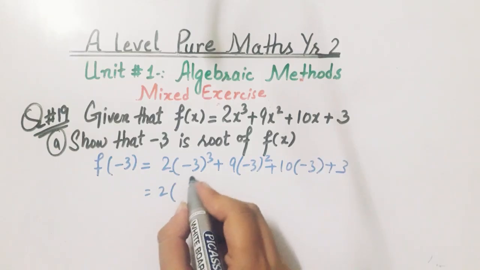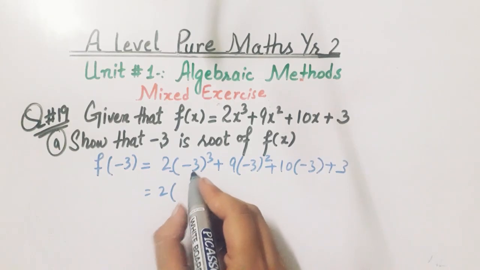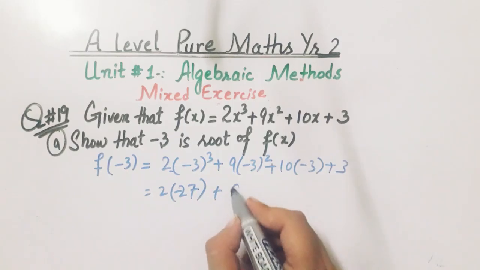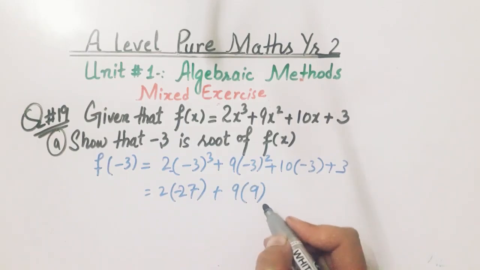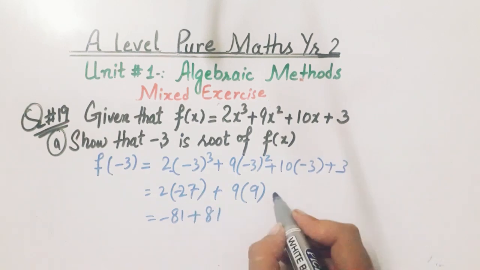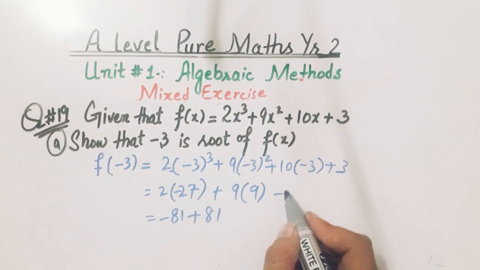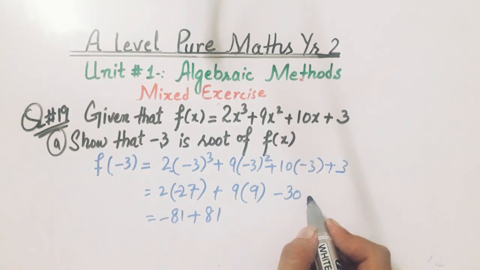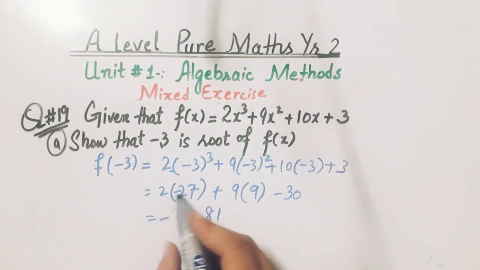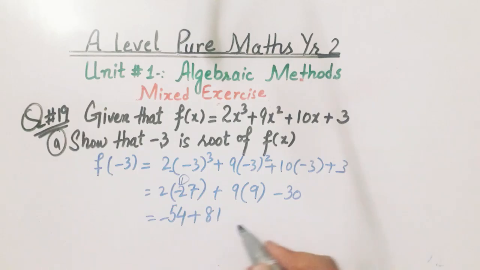It means 2 into minus 3 cube: 3 into 3 is 9, 9 into 3 is 27. This is minus 27, plus 9 into 9. So this will be minus 54, and this will be plus 81 and this is minus 30.